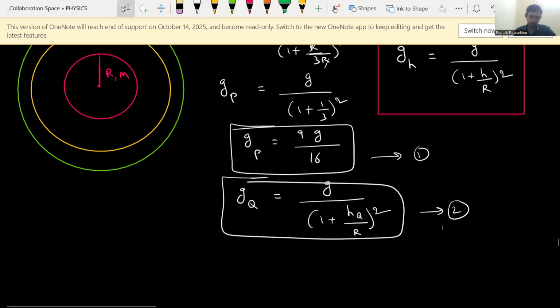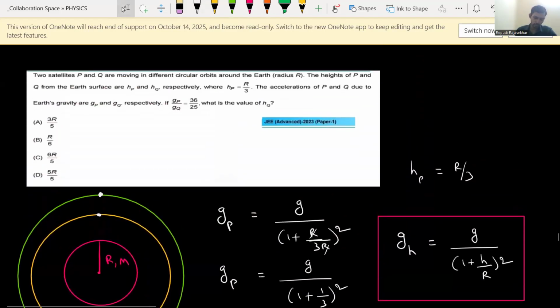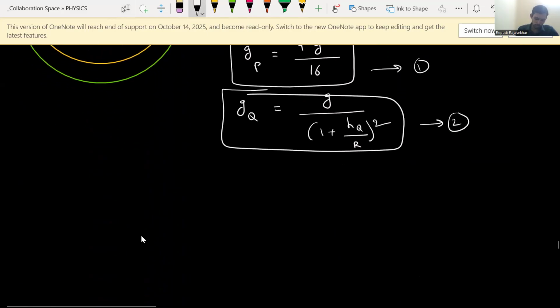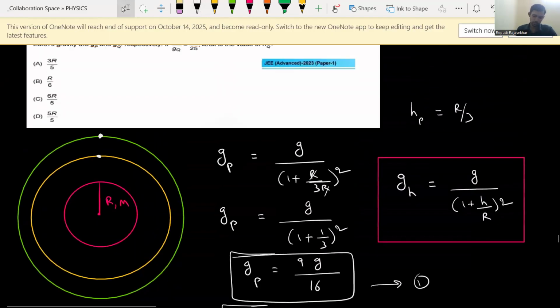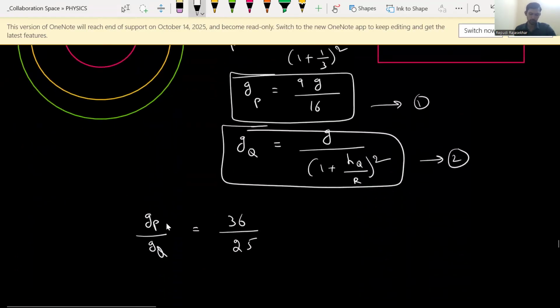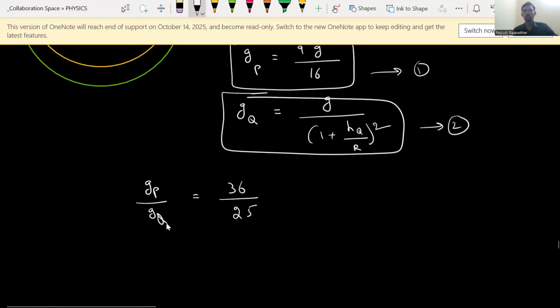But as per the given question, the data is GP by GQ is 36 by 25, right? So GP divided by GQ equals 36 divided by 25 they have given, correct. Now substitute here.